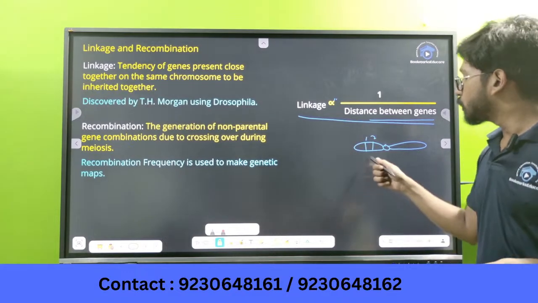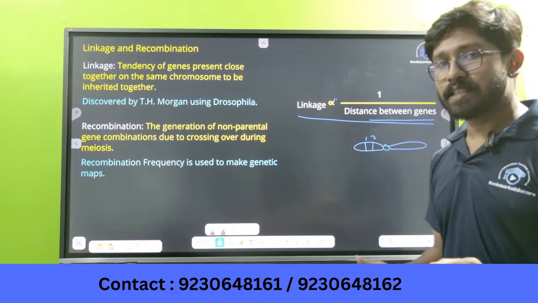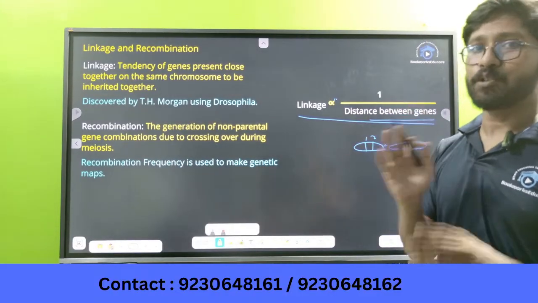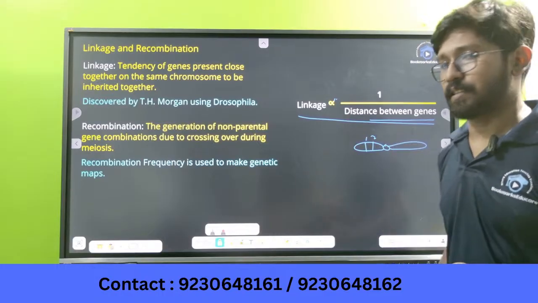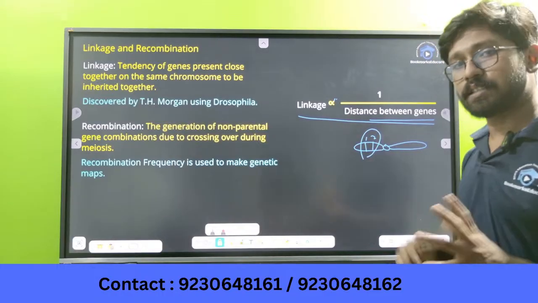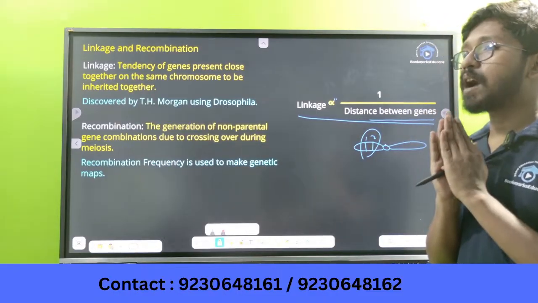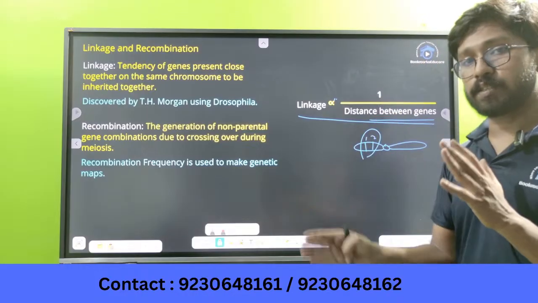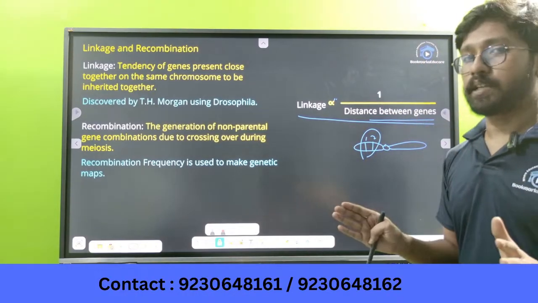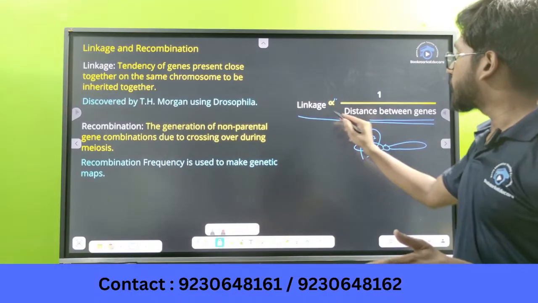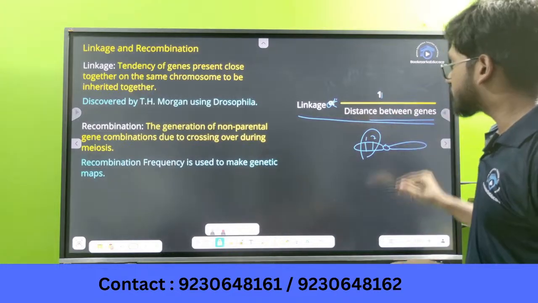For example, your best friend that you sit with in your class, as much as you make noises and your teacher wants to separate you, you guys always find an excuse to sit together the next day. That is what happens to the genes also. They are so closely situated that without any external forces in your body, they will not independently separate ever. So that is why it is inversely proportionate to the distance between genes.